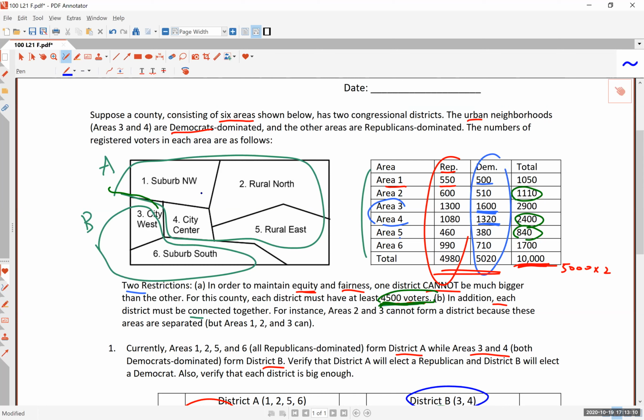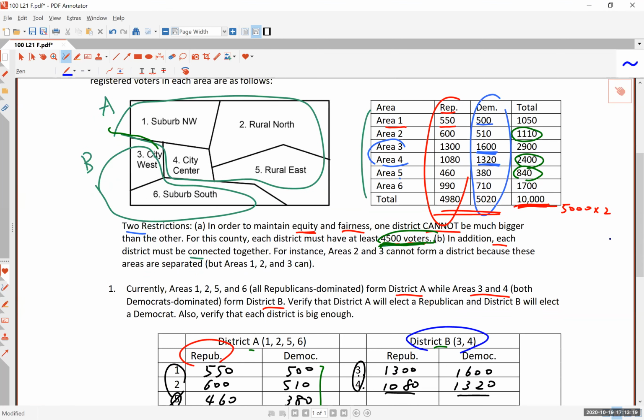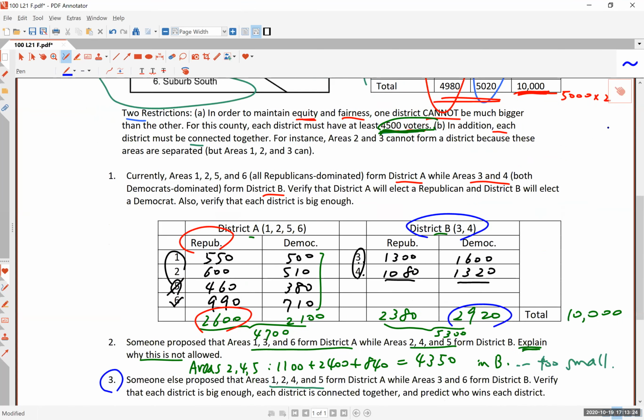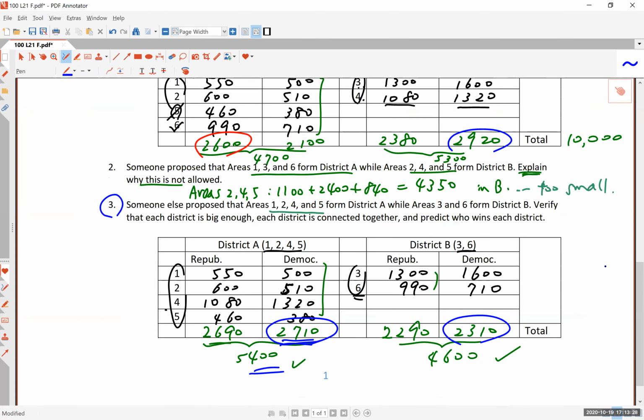You have currently areas 1, 2, 5, and 6 had a red party representative, and 3 and 4, the second district, had a blue party representative. But by redrawing the districts, guess what? Because of this careful redrawing, in both of these districts, they will choose the blue party candidate for their representatives.